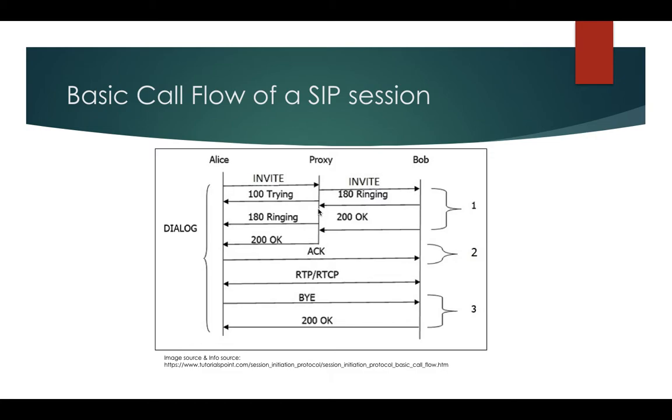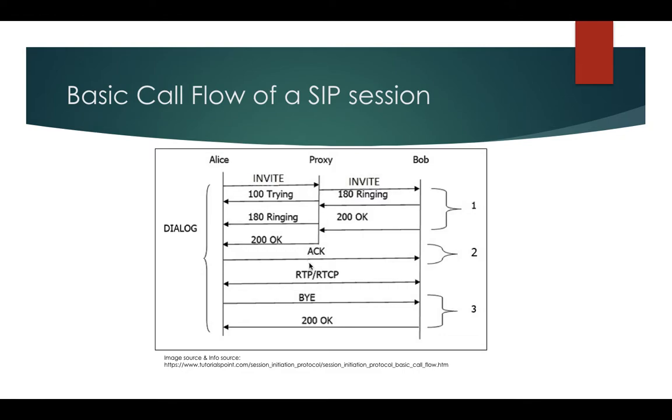After that, a 180 Ringing, which is a provisional response, is generated by Bob and returned to Alice. And then a 200 OK response is generated soon after Bob picks up the phone. And then Bob receives an ACK from Alice once it gets the 200 OK.